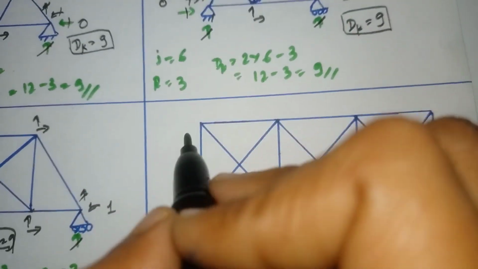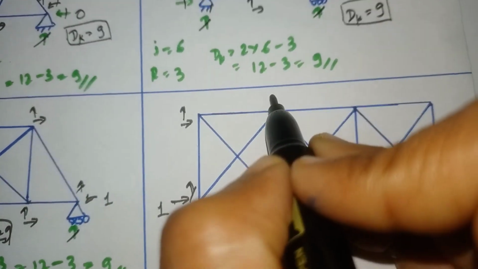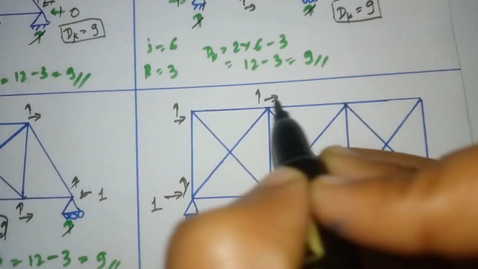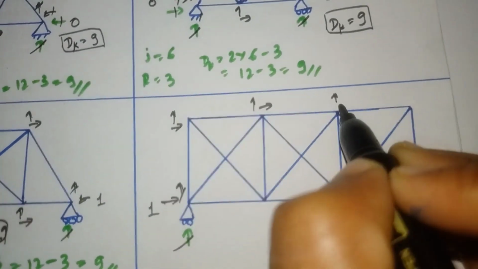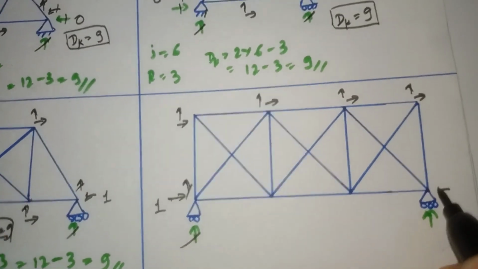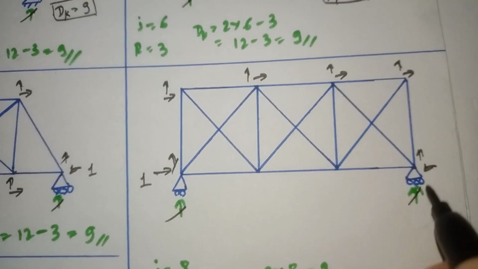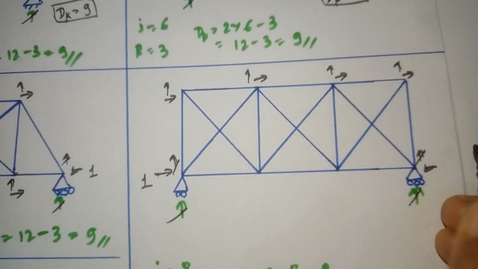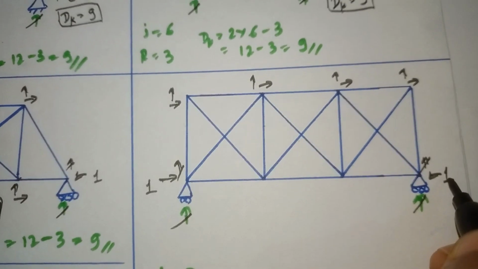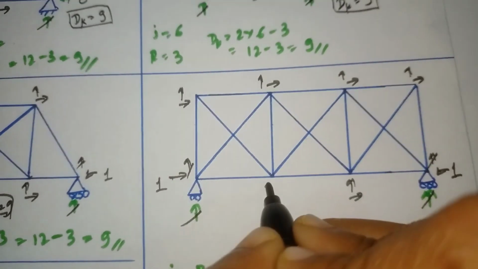So at this joint again two, horizontal and vertical. Here also horizontal, vertical. Here one vertical reaction is there and vertical deformation is there, both will cancel each other. Degree of freedom at the joint is 1. Here also 2. Here also 2.